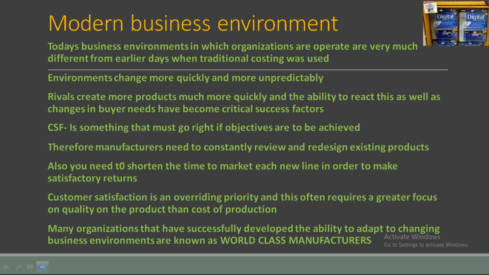You don't have 3 months, 6 months, because if you delay, your competitor will come before you and introduce the product to the market. So simply what it means is customer satisfaction is the overriding priority, and therefore a greater focus on quality of production than cost of production.